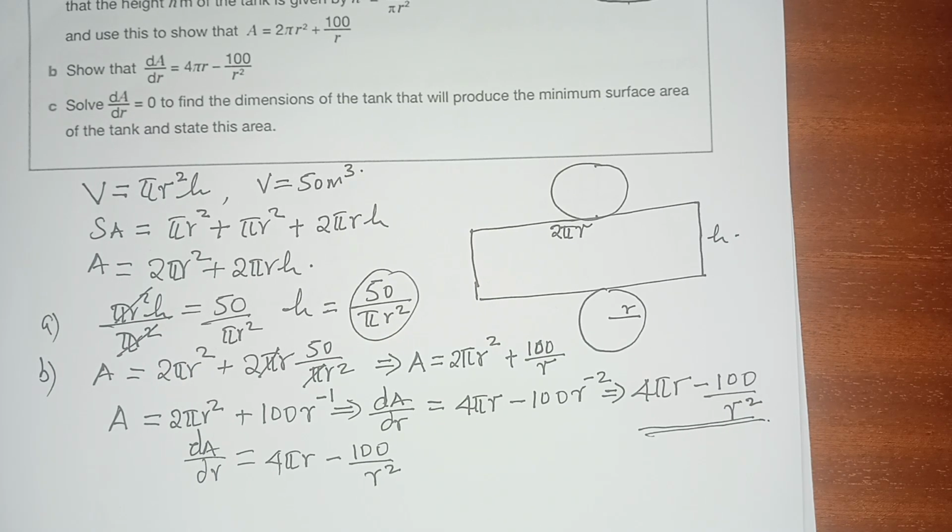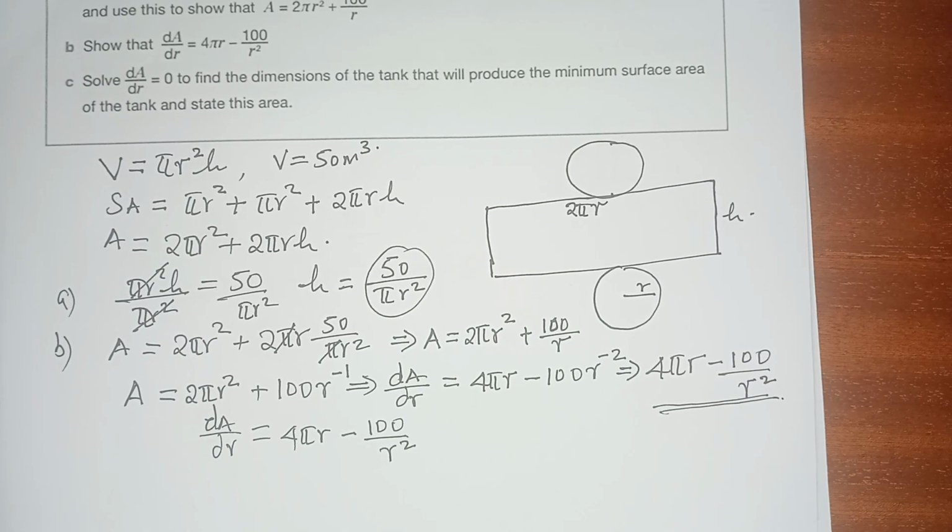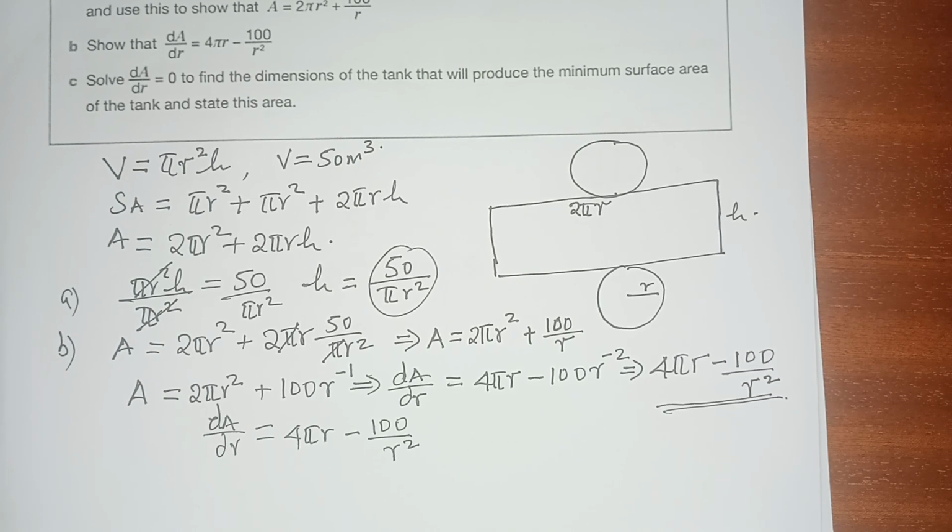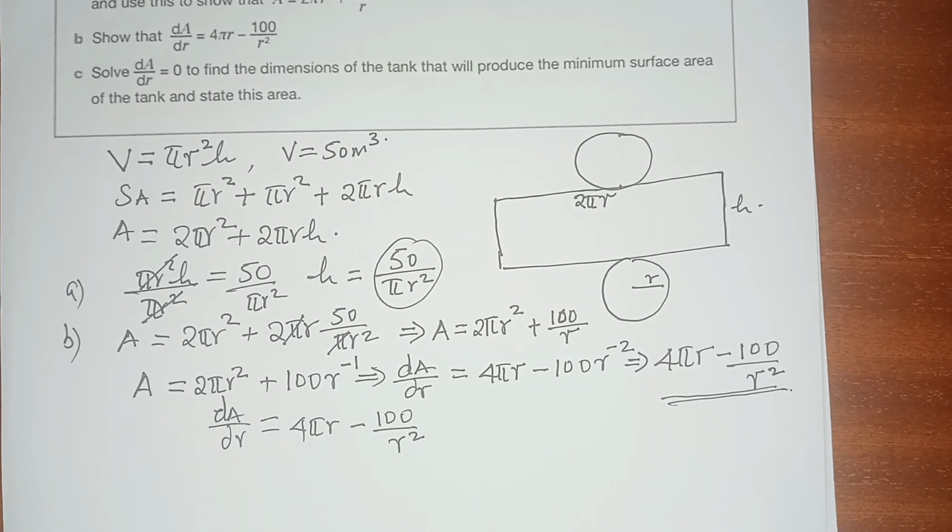What about part C? As far as we are concerned, we are told to solve dA/dr equal to 0 to find the dimensions of the tank that will produce the minimum surface area of the tank, and state this area.